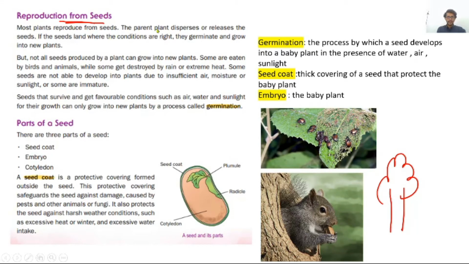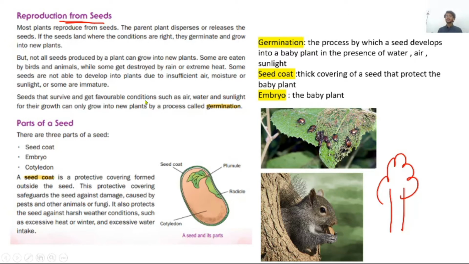If the parent plant releases the seeds, and the seeds land where all the conditions are met, conditions like soil, water, sunlight, and all the good nutrients, then they germinate and grow into a new plant.